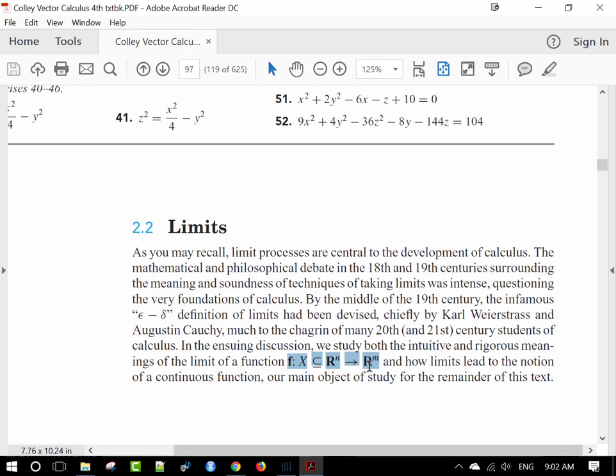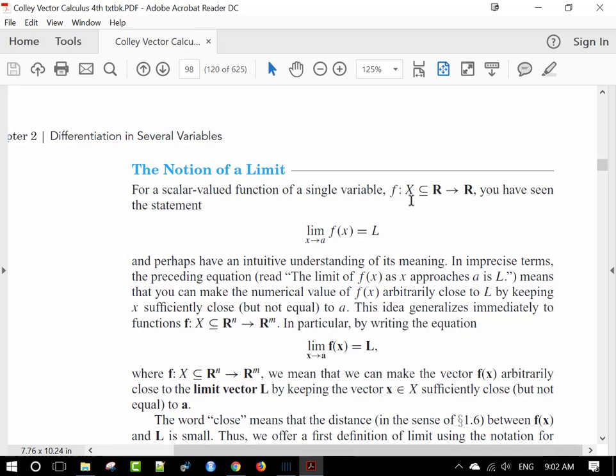Hopefully you have studied limits in the context of a single input variable, and you've seen this notation, which says that as the input gets closer and closer to some place, if the output gets closer and closer to some other place, we say that's the limit as x approaches a.